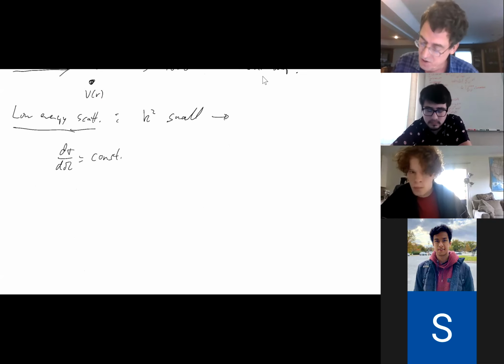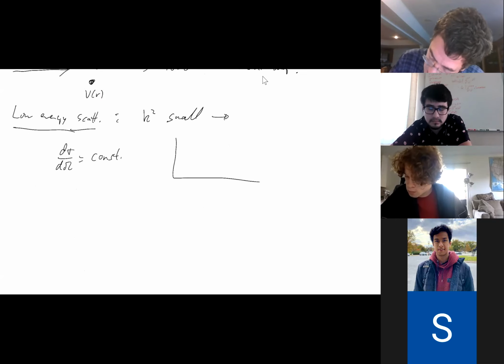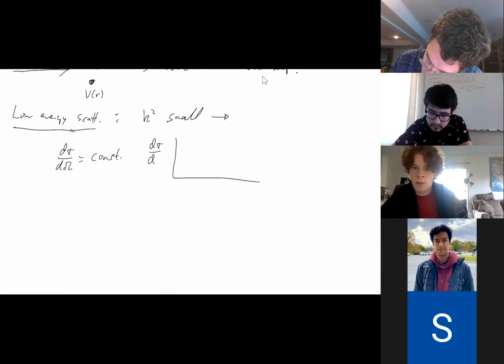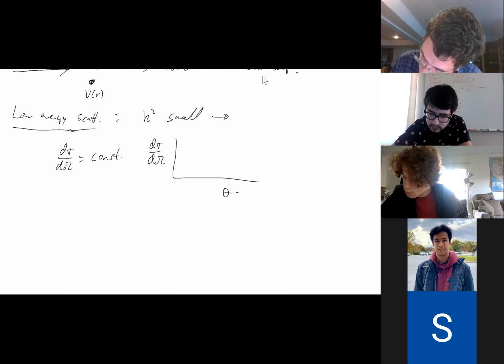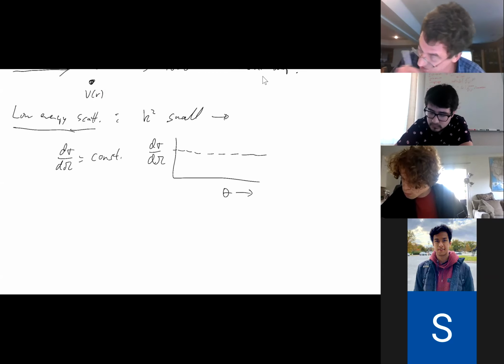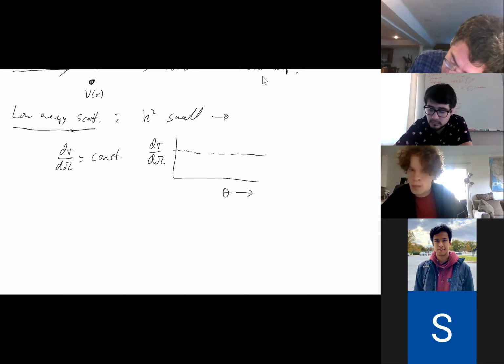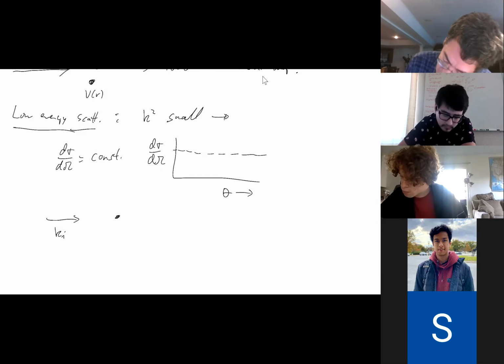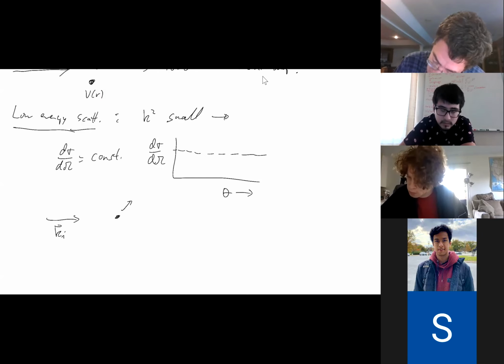If I plotted d sigma d omega as a function of theta and it's a constant, that's equivalent to saying that if my particle comes in with some k initial, it has equal probability to go into any direction.